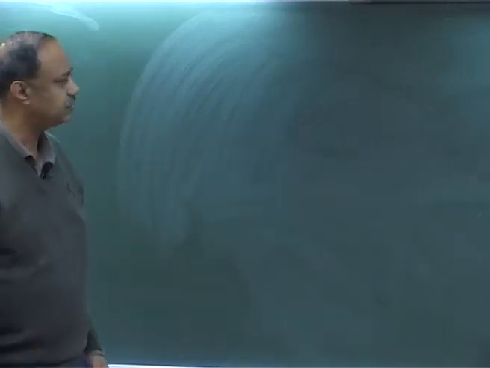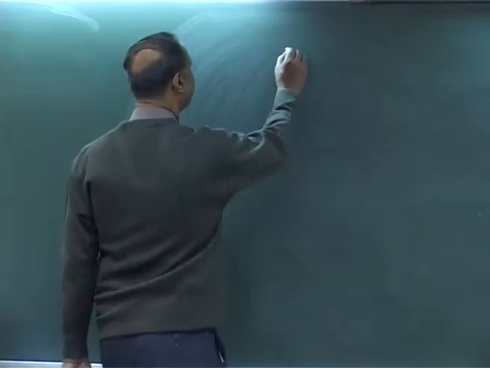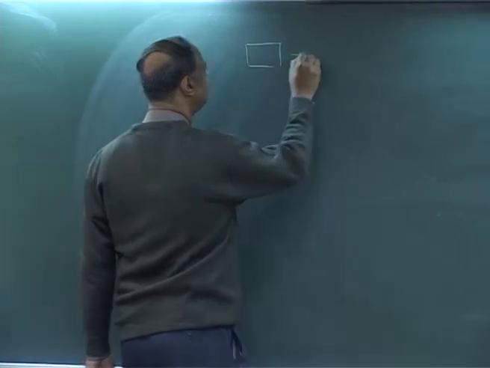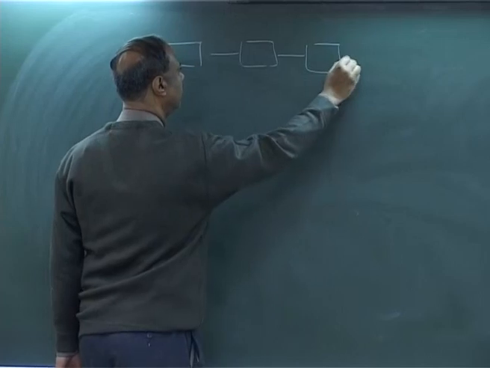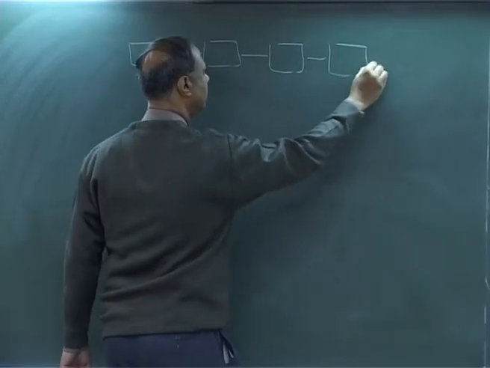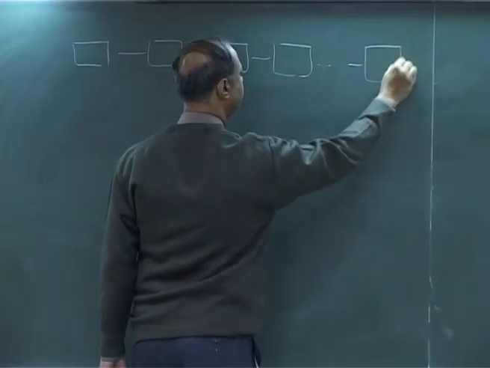Now, in the case of a linear array, suppose I have this array and each of them contains one element. Now tell me, how can I sort it? Do you have any idea? Have you heard the term?